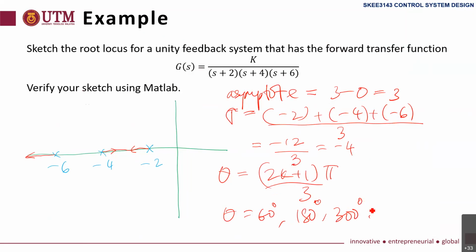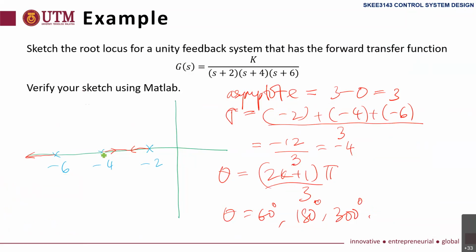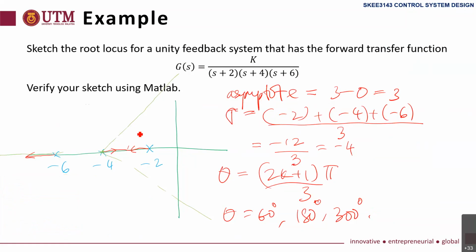If the number of asymptotes equals 4, we divide pi over 4, then we get 45 degrees. So these are the asymptotes, 60 degrees, 300 degrees, and also 180 degrees. And this is the one.